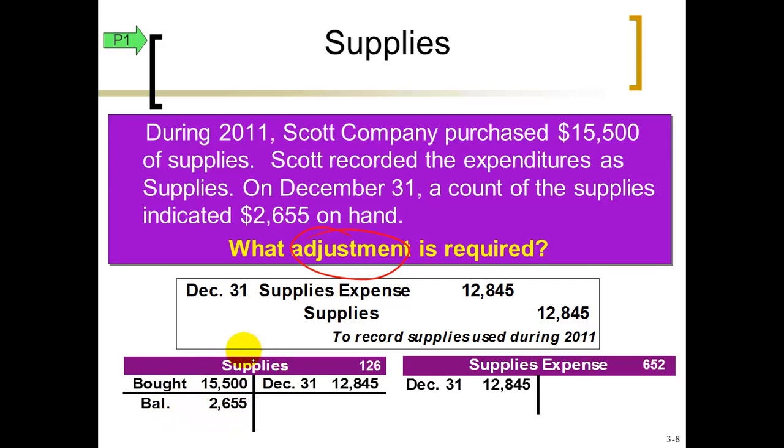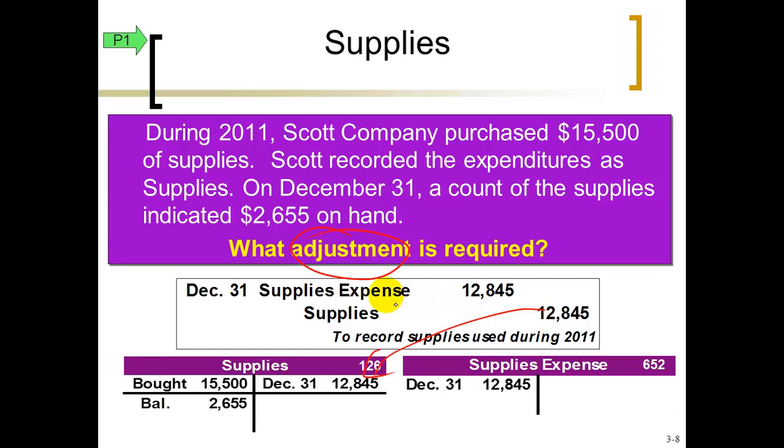Remember, for assets, the normal balance is the same way we increase it, with debits. So to decrease this supply asset, we've got to credit the supplies for the difference between what we had and what we have now left over. So here's a credit being posted to the ledger T account.